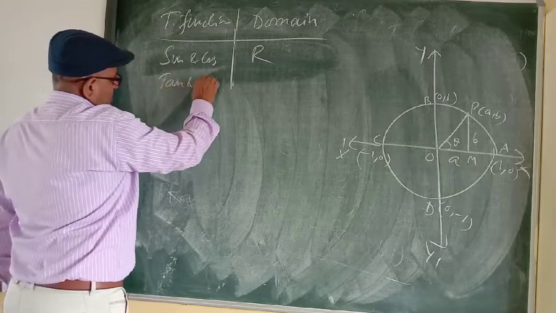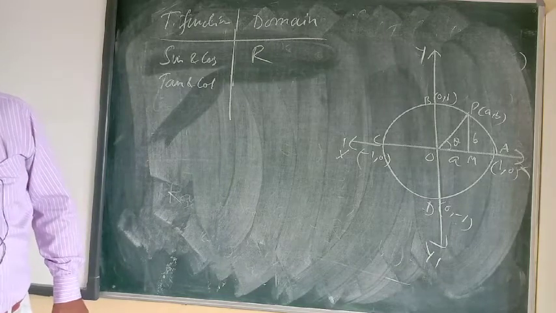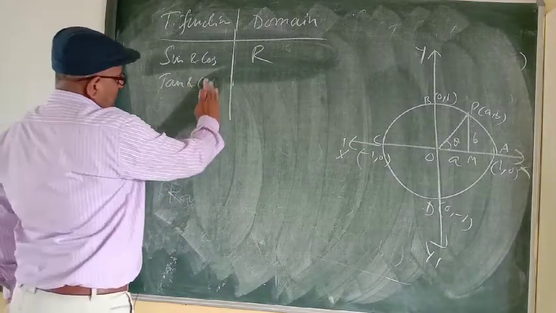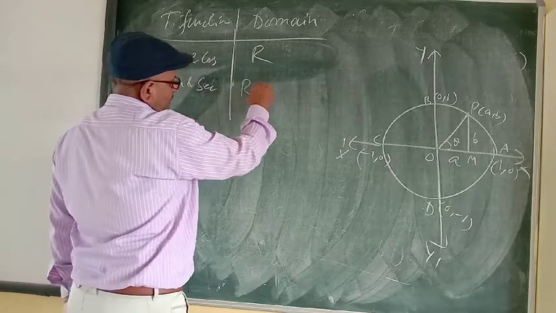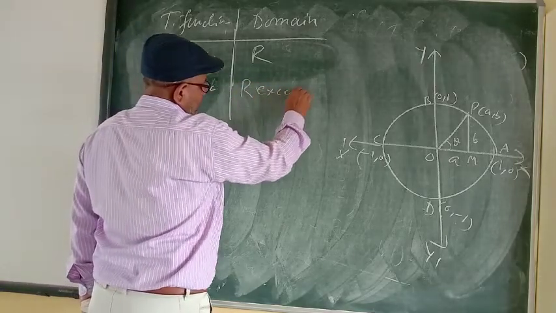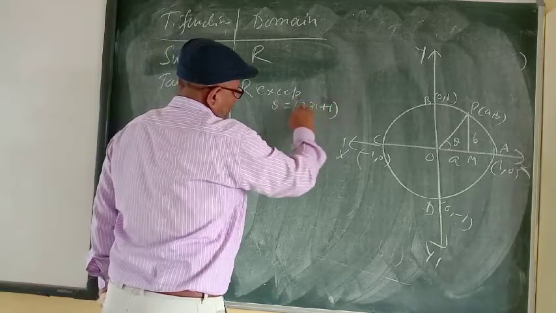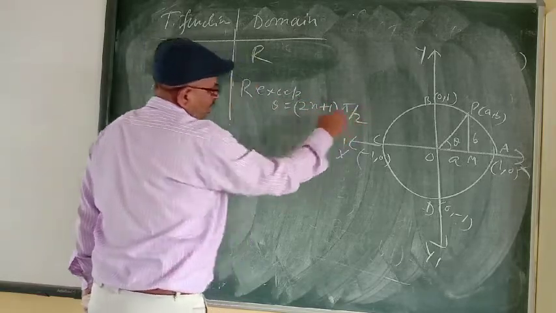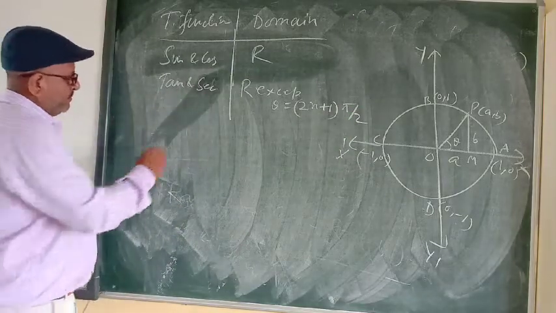Next one, tan and sec. Tan and sec, all the real numbers except theta is equal to (2n plus 1) pi by 2, means odd multiple of pi by 2, tan and sec are not defined.